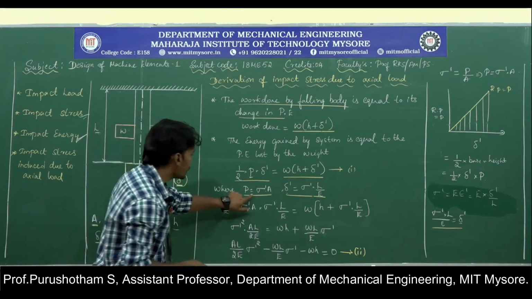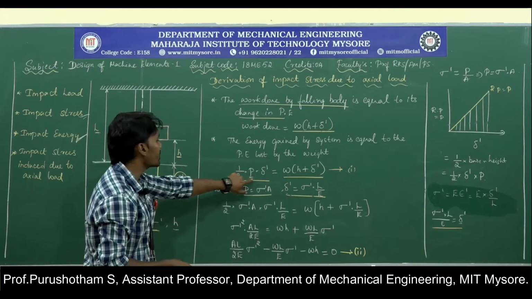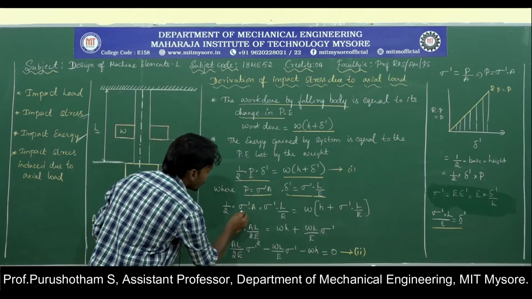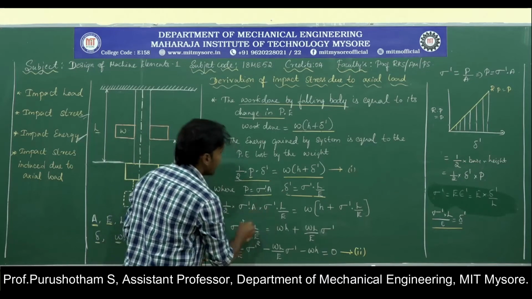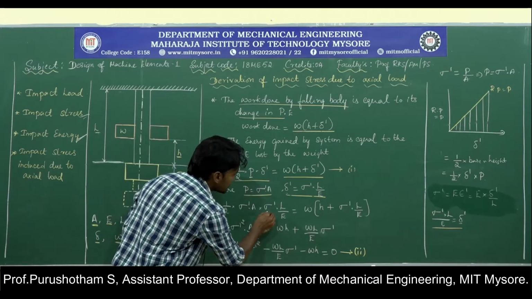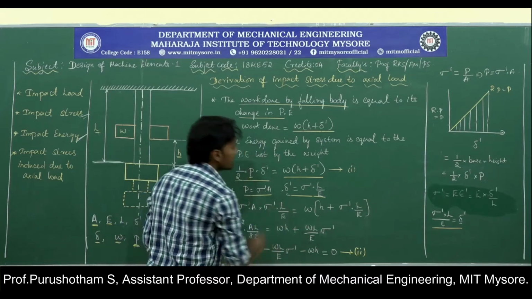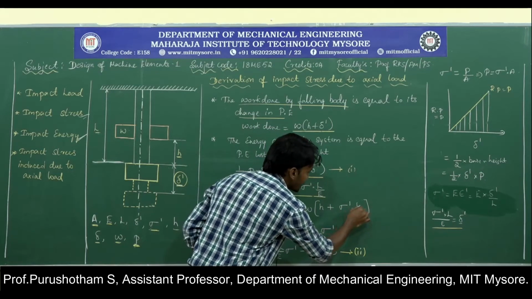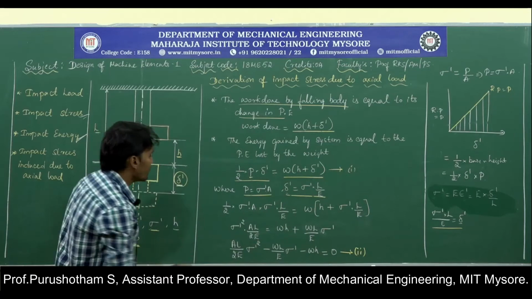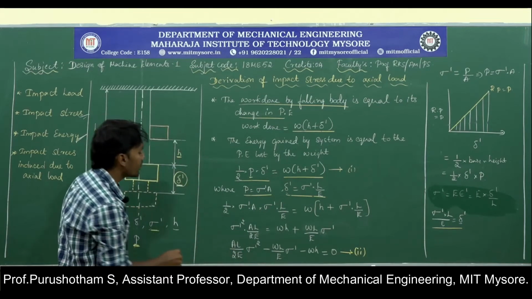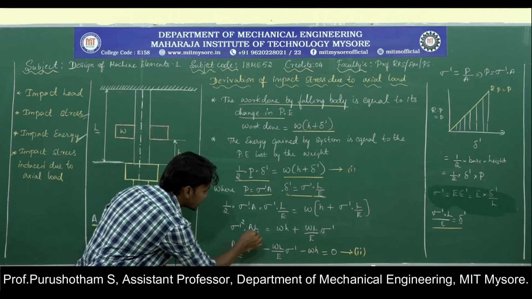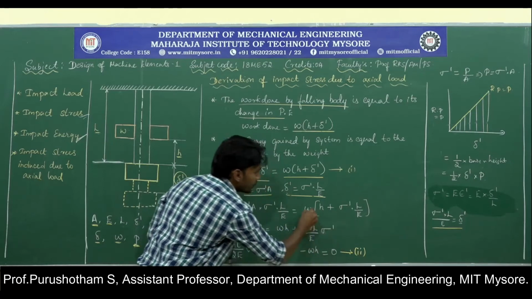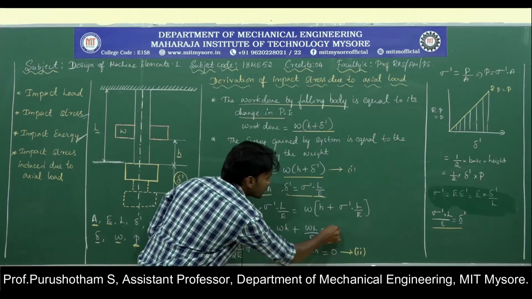Now I am going to substitute these two terms in the above equation 1. That gives half into, in the place of P, sigma dash into A, and in the place of delta dash, sigma dash into L by E, which is equal to W times H plus, in the place of delta dash, sigma dash into L by E. If you simplify this, then sigma dash square into AL by 2E is equal to WH plus WL by E into sigma dash.